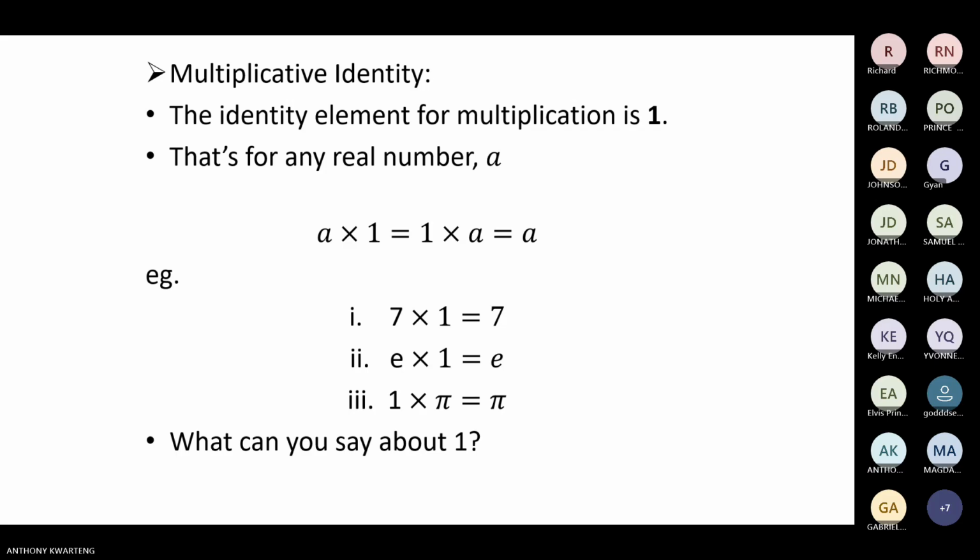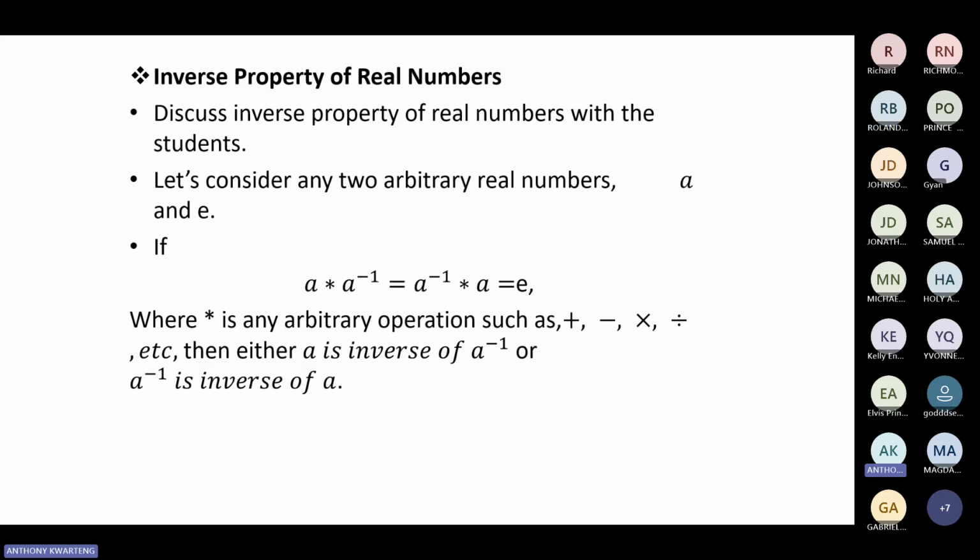Can you hear me? I made mention of that. It's the additive identity. So 7 times 1 is 7. E times 1 is E. 1 times pi is pi. So what is 1? The multiplicative identity. So the time is up.